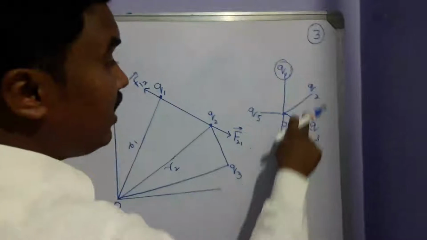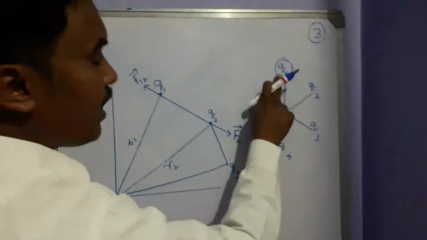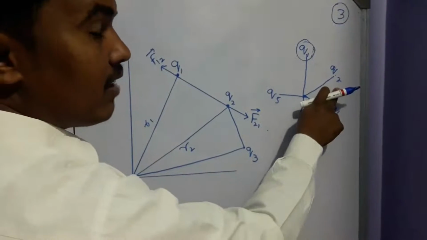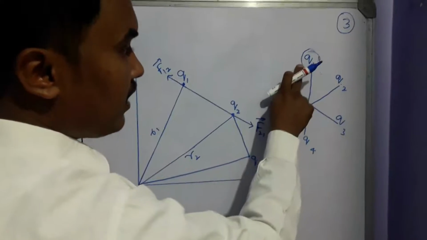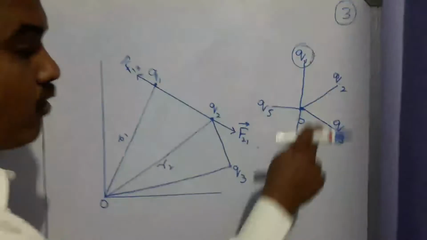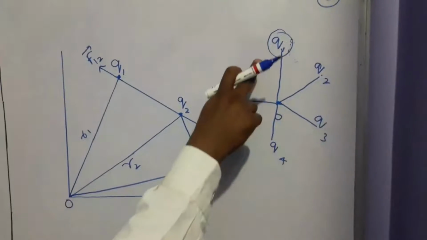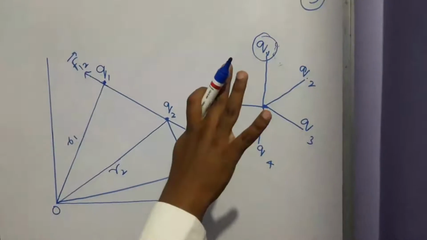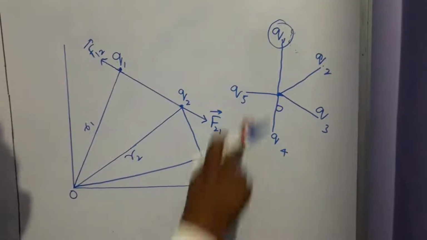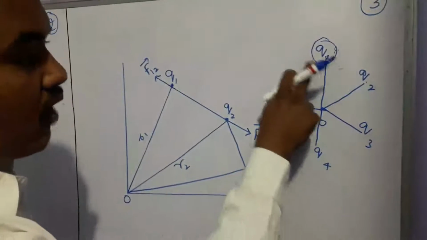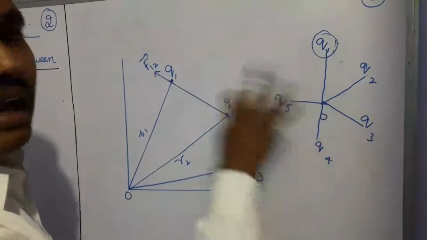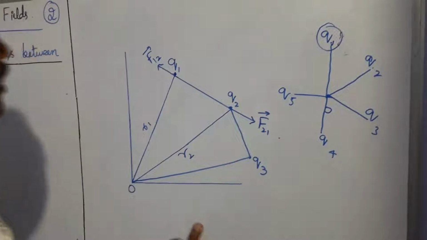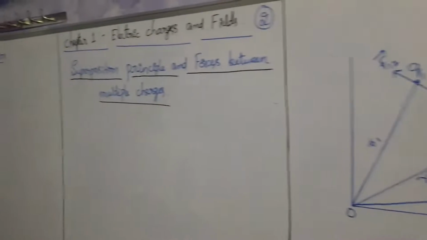Also, individual forces, means force acting on Q1 due to Q2, is not affected by force acting on Q1 due to Q3, or Q4. Means individual forces don't affect each other. Now we will state the superposition principle.